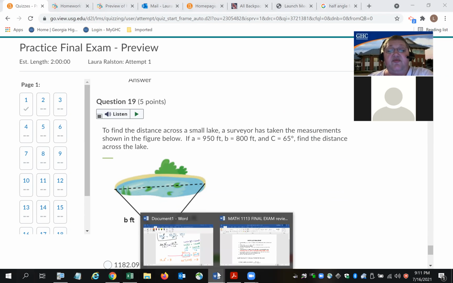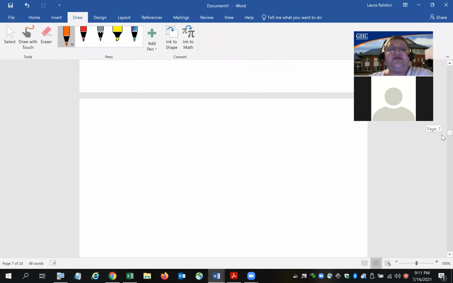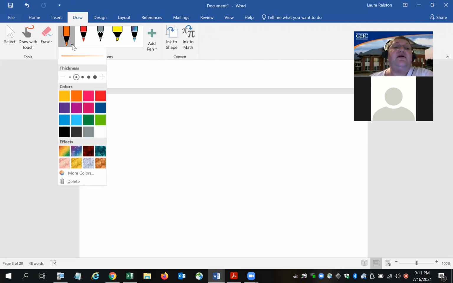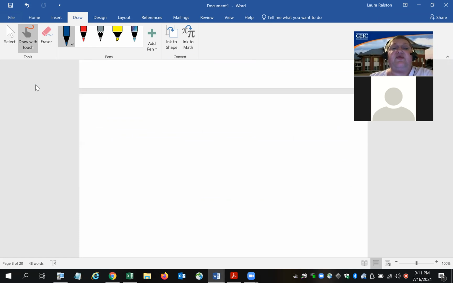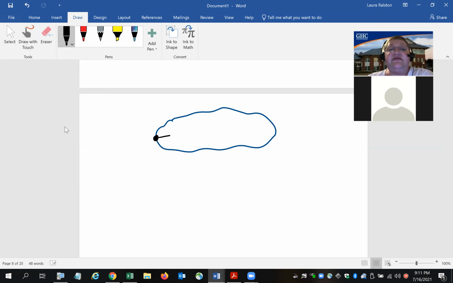Okay, so this is a word problem. Again, Shay, for most students, the word problems are the things that are going to give them fits. I think, if I remember correctly going through this, I only saw two of them. So you have this lake, and we want to determine the distance across the lake from one side to the other side.